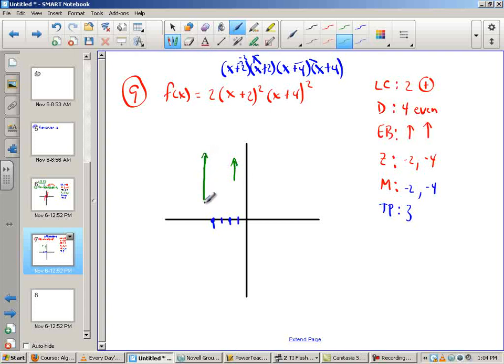Then as I come down, come to that point, I know I'm not allowed to cross here, so I'm forced to come back up because of the multiplicity. The multiplicity at negative 4 forces me to turn around. But then I'm going to have to come back to touch the negative 2. Again, with a multiplicity, I'm not allowed to cross at that point. And so I get this W shape over here on the left.